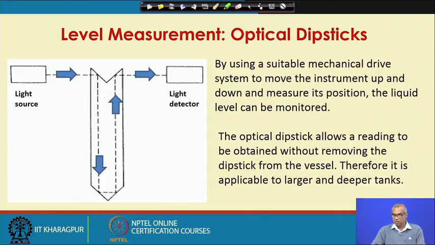But of course, there should be a mechanical drive system to move the instrument up and down, so that the chamfered end comes in contact with the top surface of the liquid and the light transmits into the fluid and does not come back to the detector.